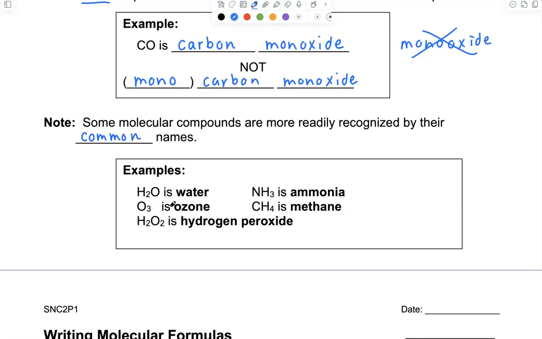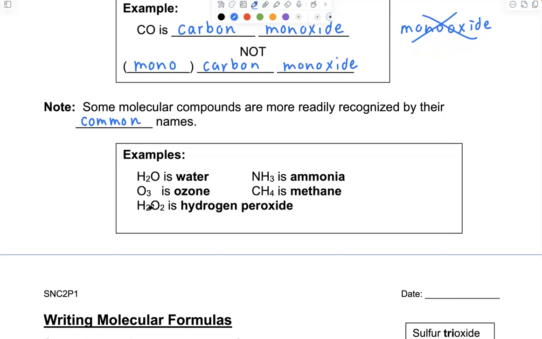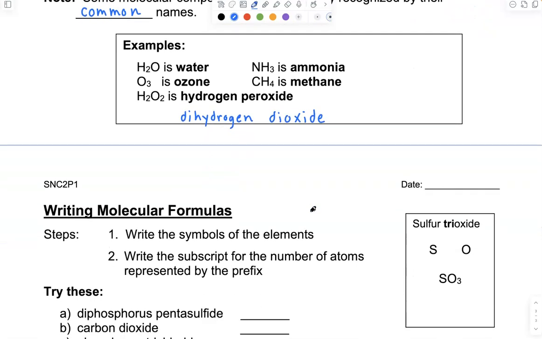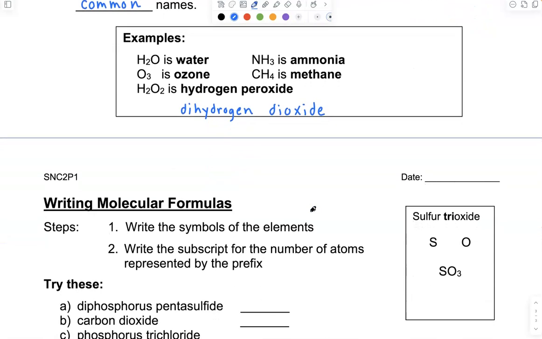O3 is simply ozone, NH3 is ammonia, CH4 methane, and H2O2, instead of dihydrogen dioxide, we have this common name of hydrogen peroxide.